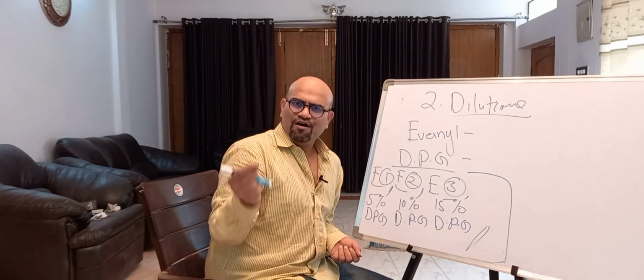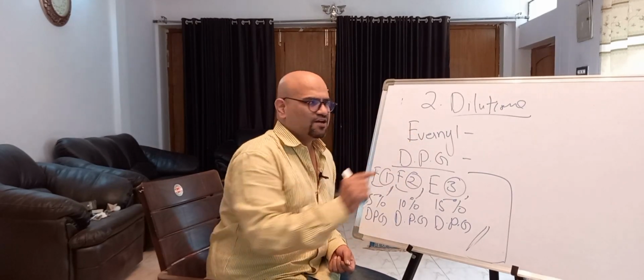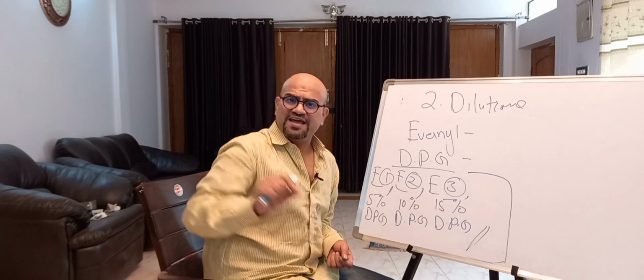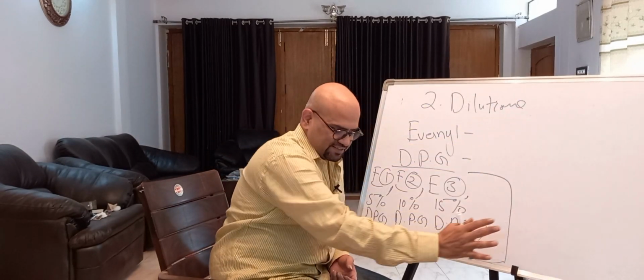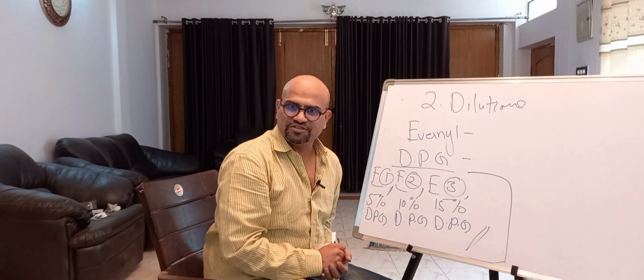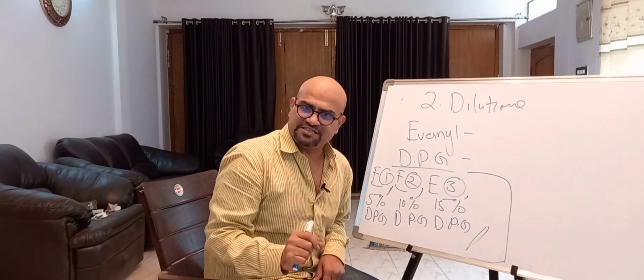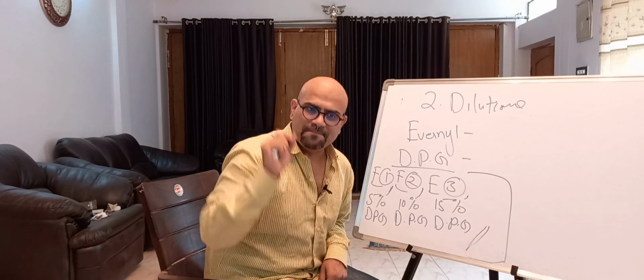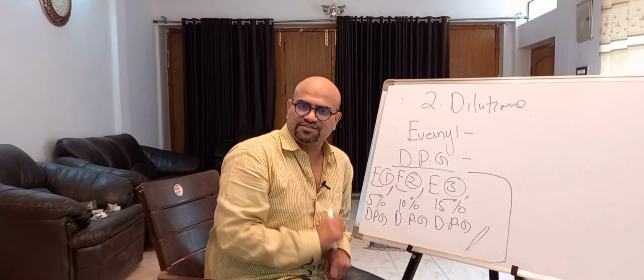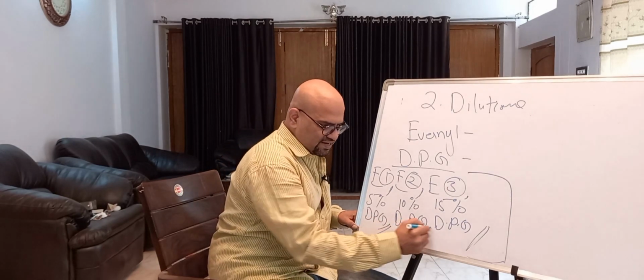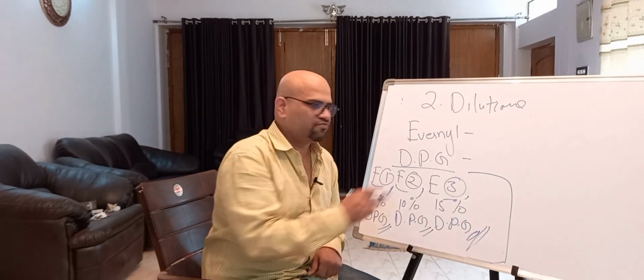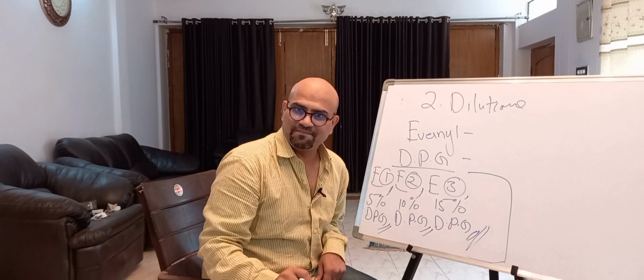So the key to understanding today's class was dilutions, and the key for taking this whole time of yours is to make sure you understand, don't buy diluted products. You have to learn what these 5%, 10%, and 15% of dilution is doing.